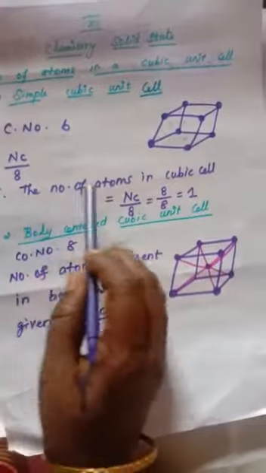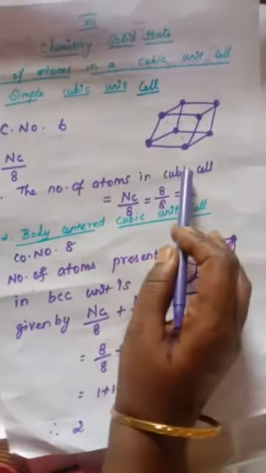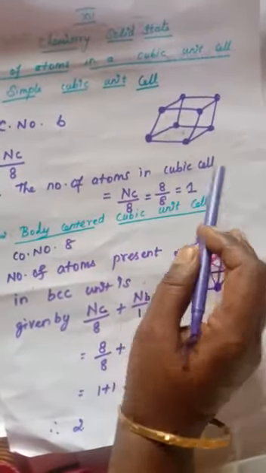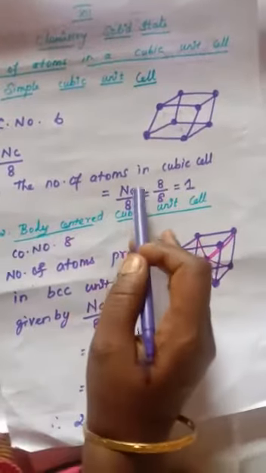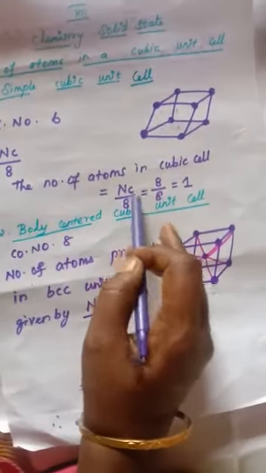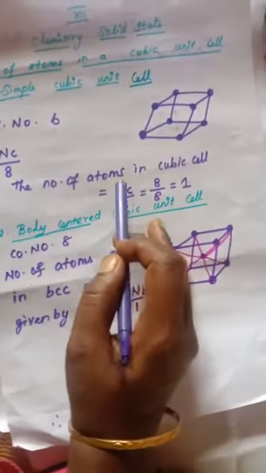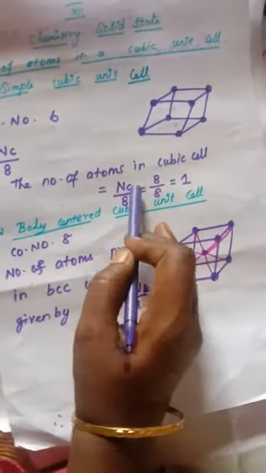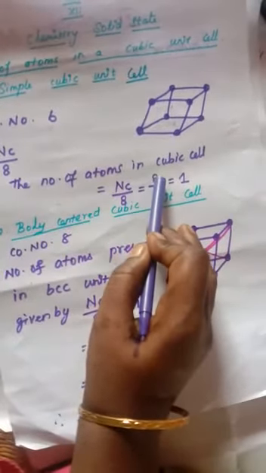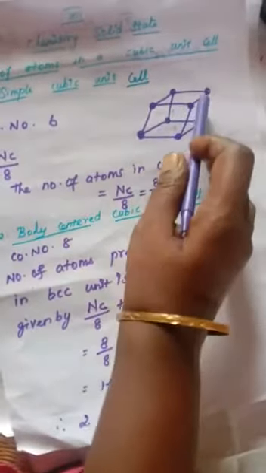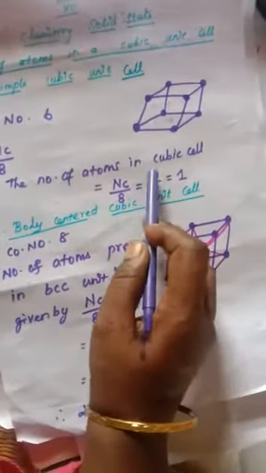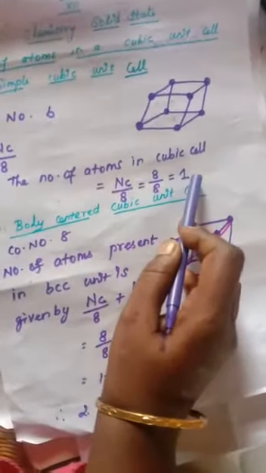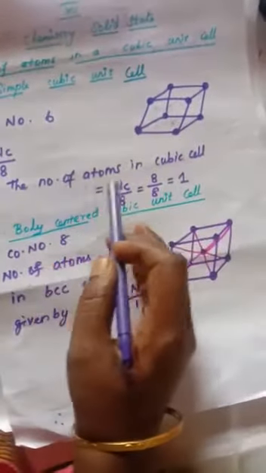Nc here means the number of atoms present at the corners. There are 8 corners, so 8 by 8, that is equal to 1. The number of atoms present in the simple cubic unit cell is equal to 1.